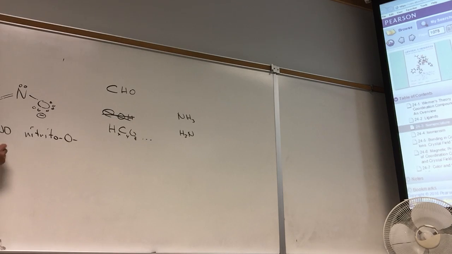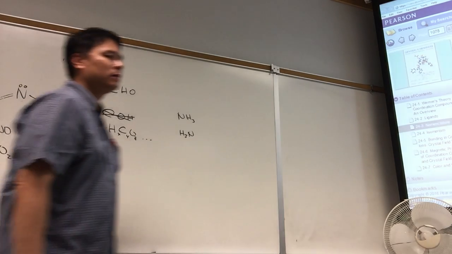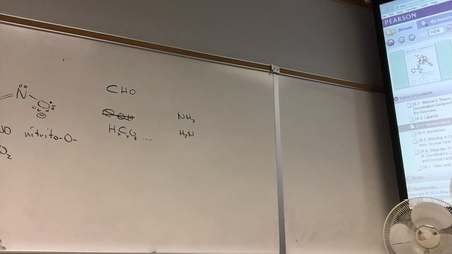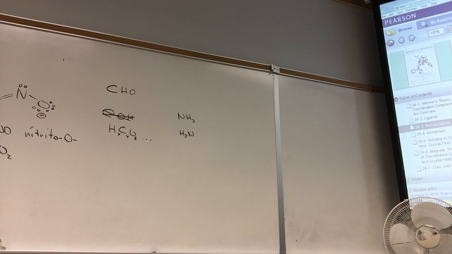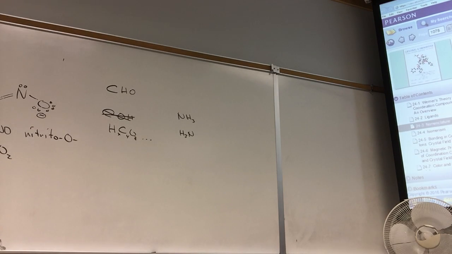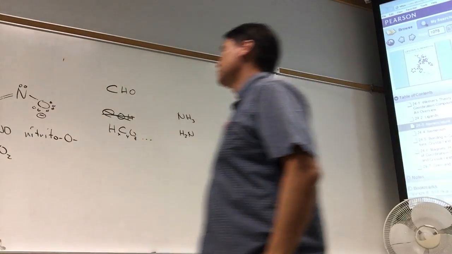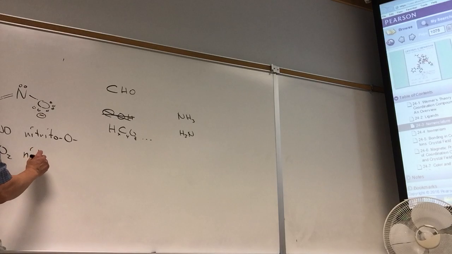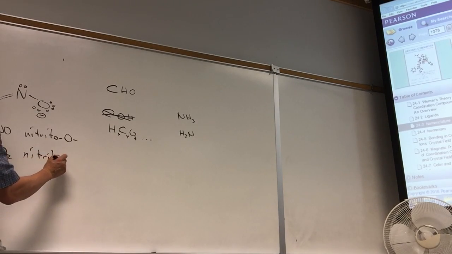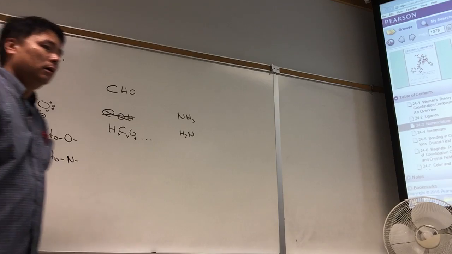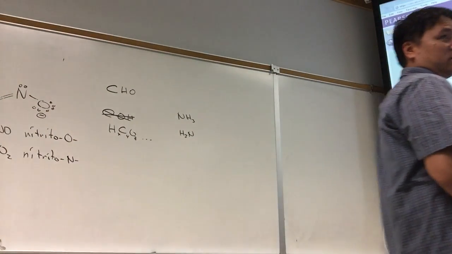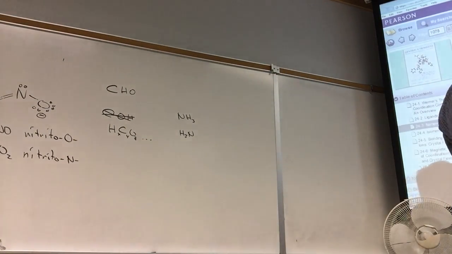If it links with the nitrogen, so it looks like NO2, it's the same species, nitrite, but now it's bonding through the nitrogen to the cobalt. We write the formula NO2, and we call it nitrito-N. There are other ligands that have multiple donor atoms, but only one donor can attach at a time.